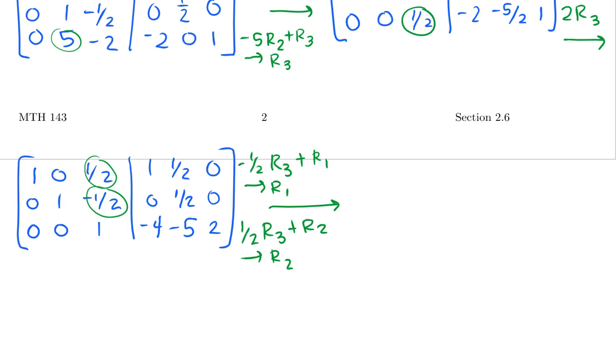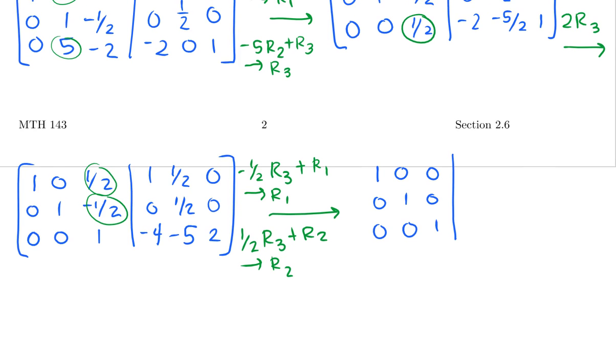And so we end up with 1, 0, 0, 0, 1, 0, 0, 0, 1 on the left. Notice that is exactly the 3 by 3 identity matrix. And on the right-hand side, we get 3, negative 2, negative 4, 3, negative 2, negative 5, negative 1, positive 1, and a 2.